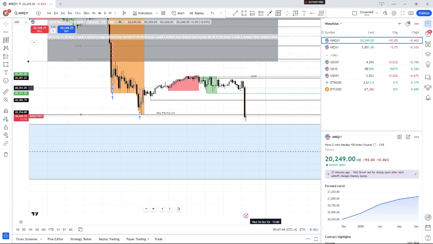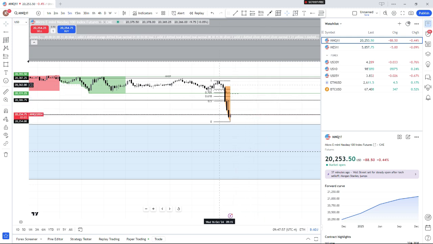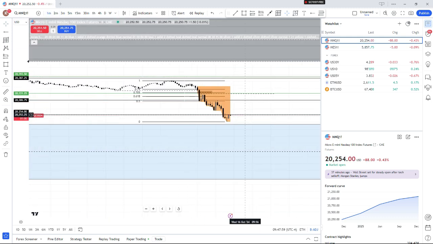But we could see potentially on the 15 minute range, price will come up to balance the 15 minute range, and then from there we can just see what happens. But really, I'd like to see the price go into the daily order block, in my opinion.